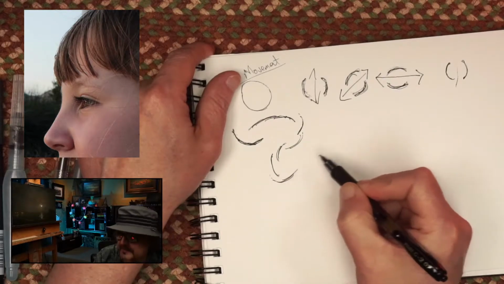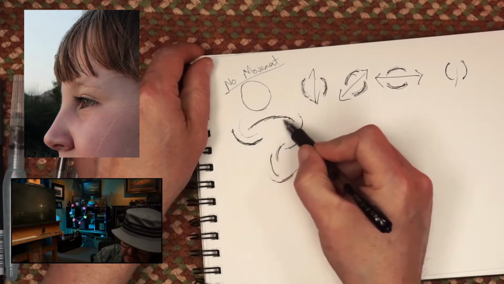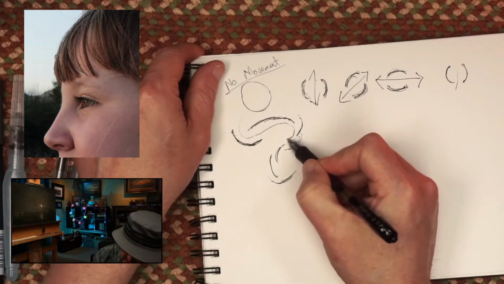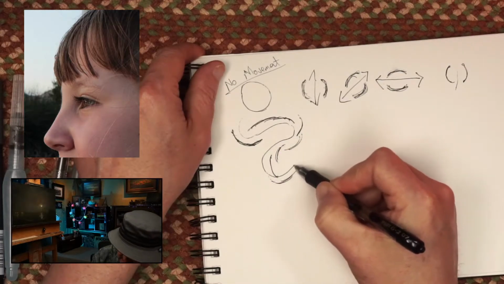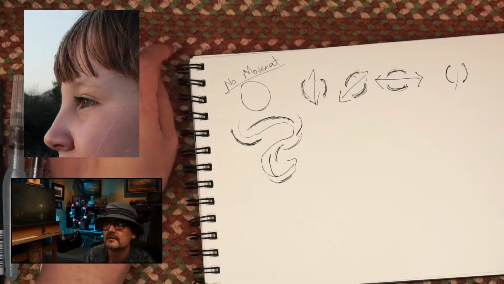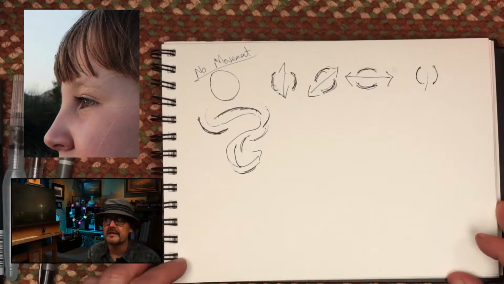Can you see how you want to go? We're moving you around. So with nothing more than line, we can think about movement.